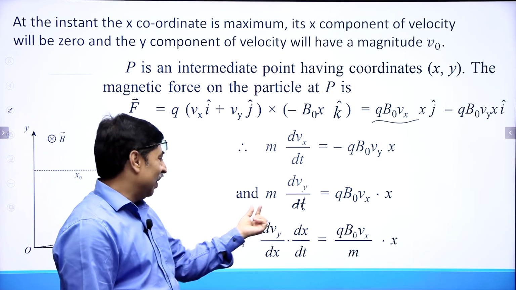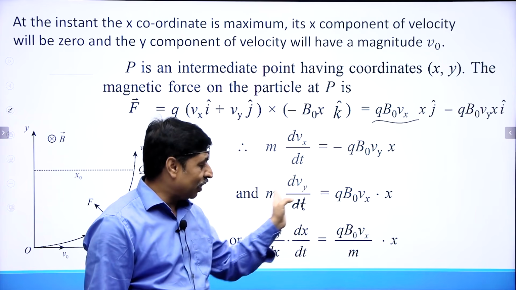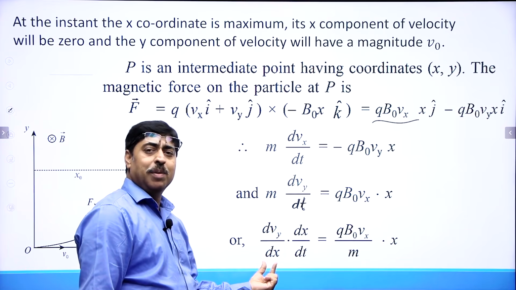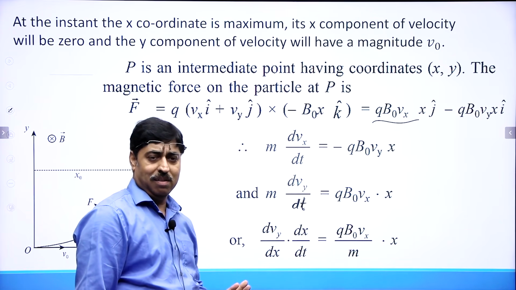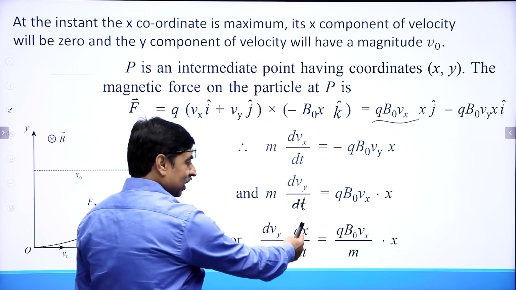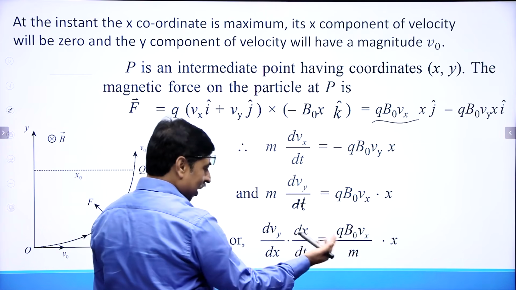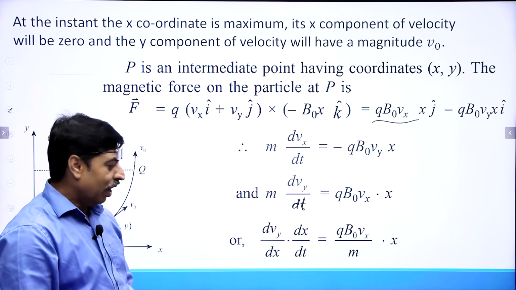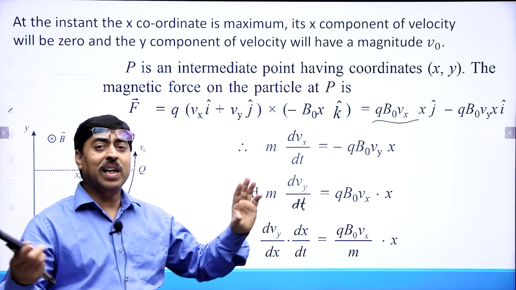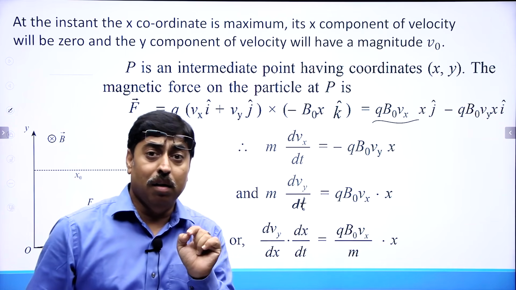I have transferred mass to this side. So, dvy by dt has been written as dvy by dx into dx by dt. Now, there is a miracle: dx by dt is nothing but vx. So, this vx and dx by dt cancel out, and now you are left with a relationship which only has Vy and x, and that is what you wanted.